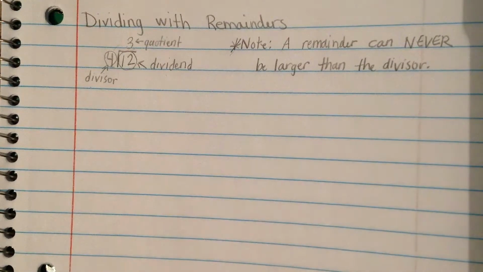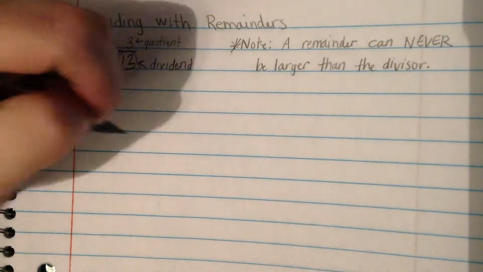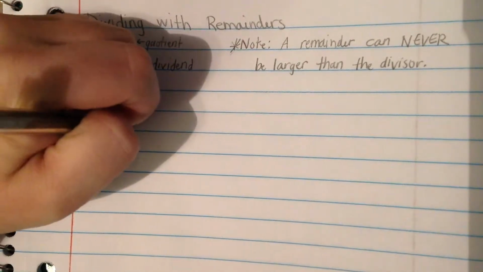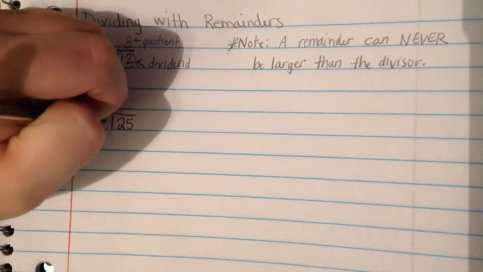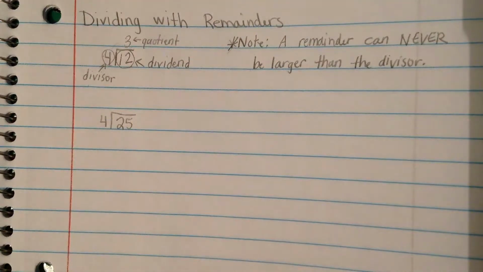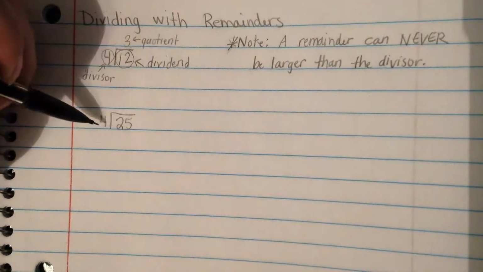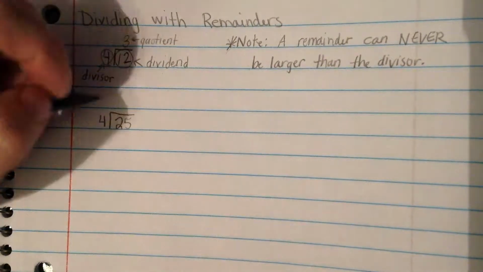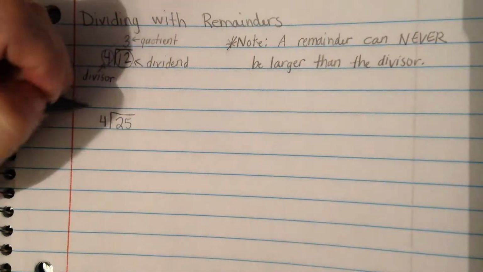So let's take the problem 25 divided by 4. Using the bracket is one way I can use my division. Well, I know if I put my 4's over here, I'm going to do my 4's with multiplication.